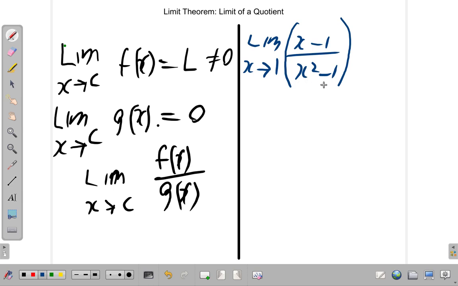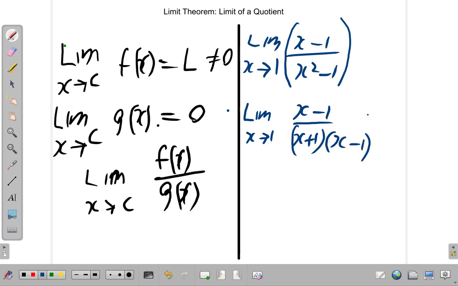Yes, this is the difference of 2 squares. So we can say that this function is the limit as x tends to 1 of, factorizing it now, x minus 1 divided by x plus 1, x minus 1. What you have here is that x minus 1 cancels x minus 1. So what you have is 1 divided by x plus 1.